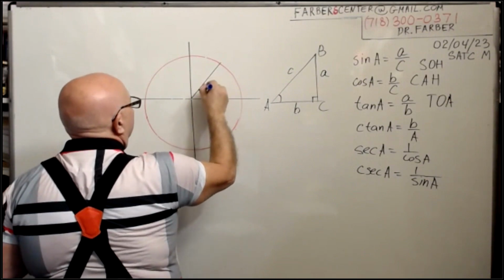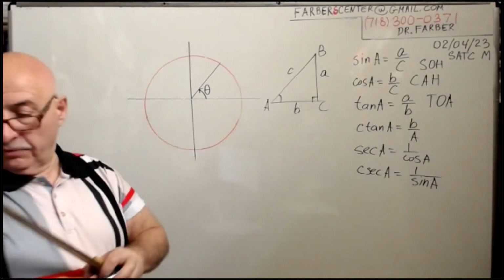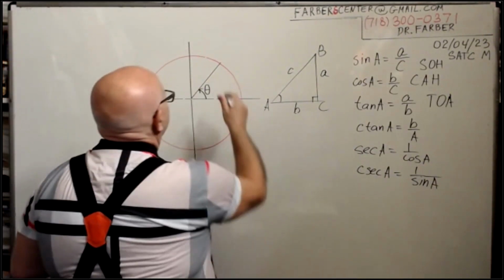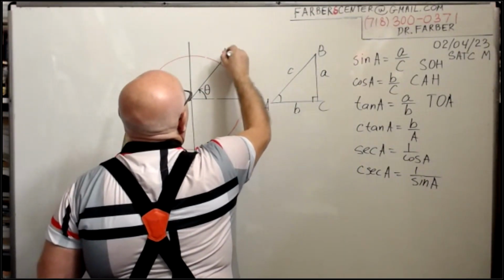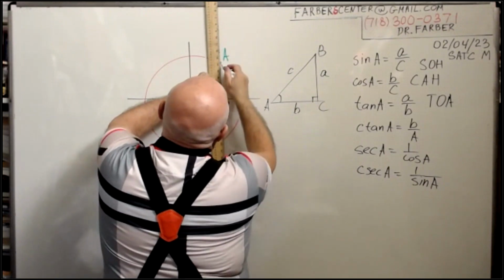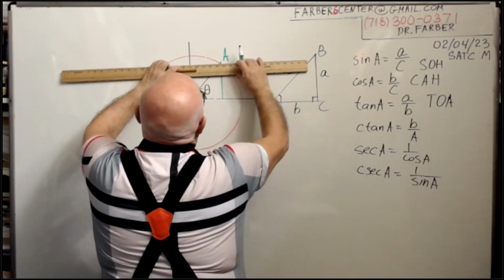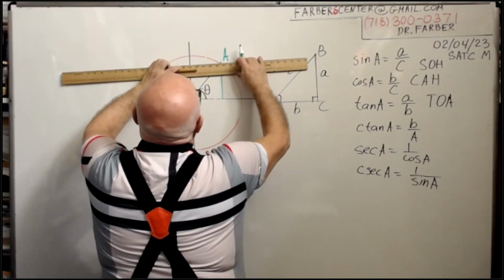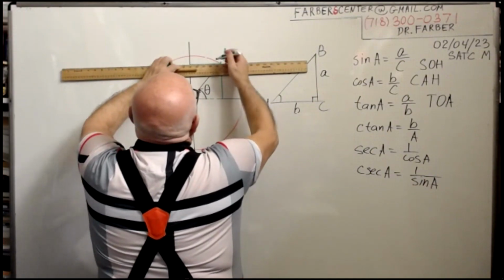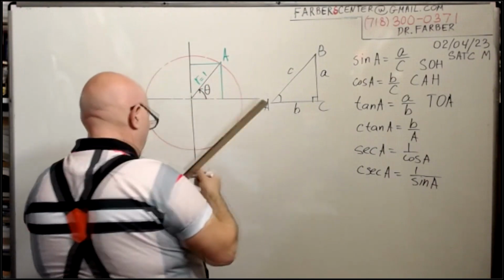This is theta, Greek letter theta. And I take a different color. And from this point A, wherever, I will make a perpendicular here. And you know that the radius equals 1. By definition, this is the unit circle.